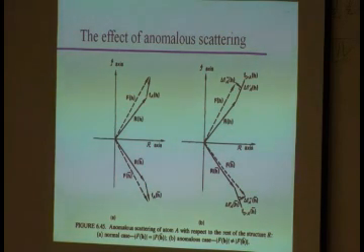So, here's the effect of anomalous scattering. The other thing to keep in mind is, remember when we introduced Friedel's law, when we said I(hkl) and I(h bar k bar l bar) are equivalent? And I said, in general, they're equivalent. Here is the time when it isn't equivalent.